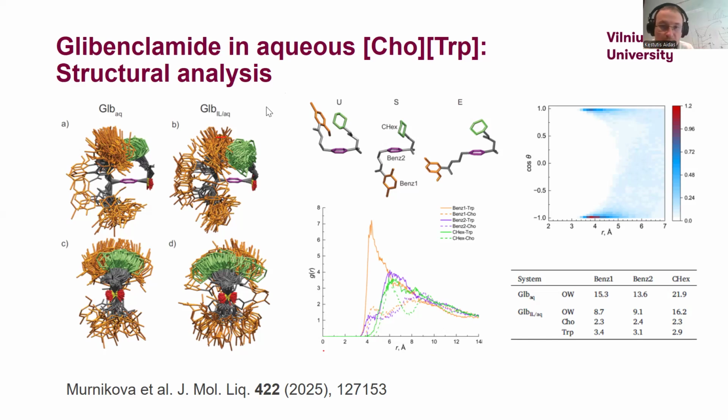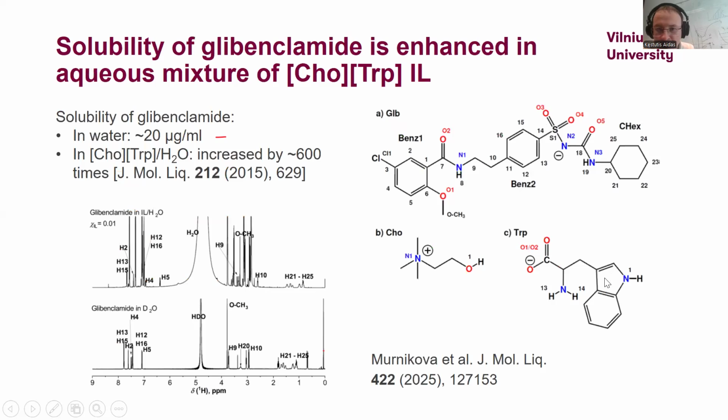Yes. So glibenclamide itself is a sulfonamide type of drug. The sulfonamide moiety has a small pKa. It's an acidic moiety, so at normal pH it deprotonates. So the molecule itself is an anion, and this negative charge is located mainly at this sulfonamide moiety.